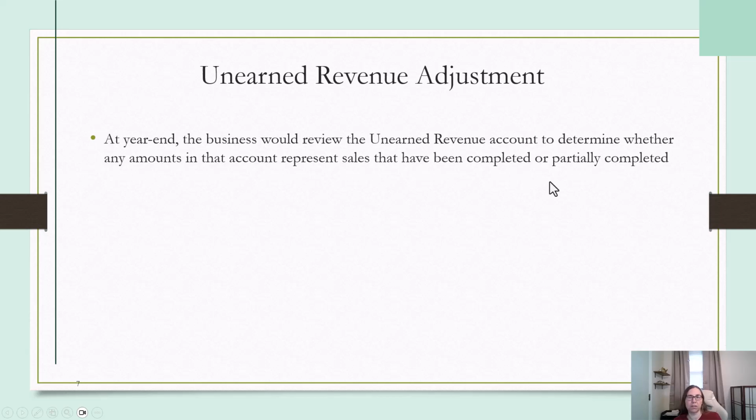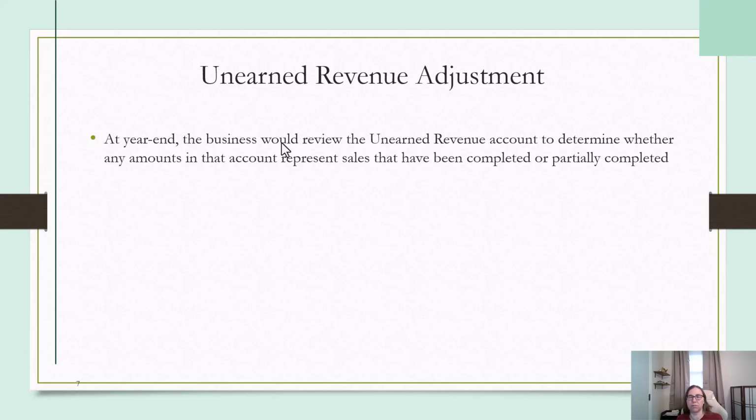So they deliver the service when the job is completed, but if it's a big job that is going to take several months or several weeks, they may break it down into pieces and stopping points, or they might break it down into percentages of that total job. So for example, if they've completed 50% of the work, they might want to go ahead and record 50% of the revenue.